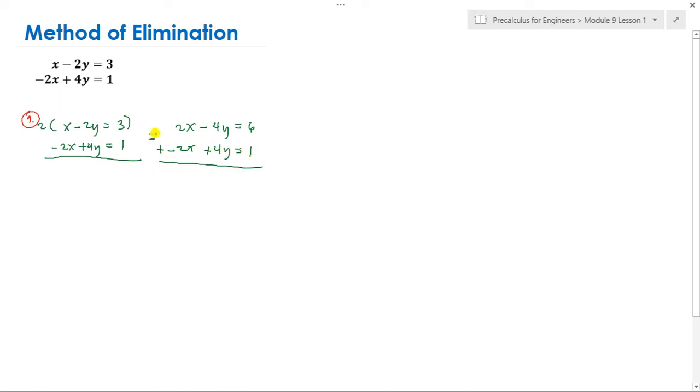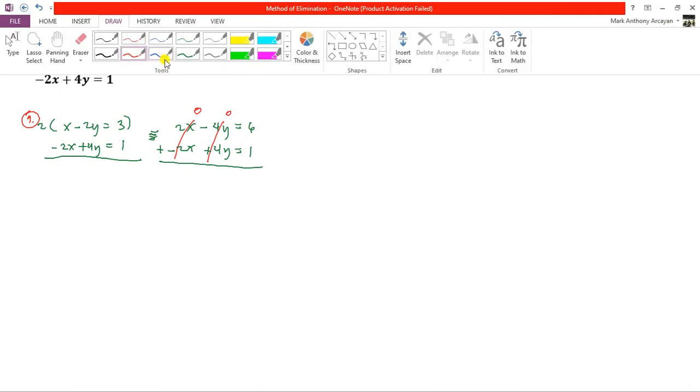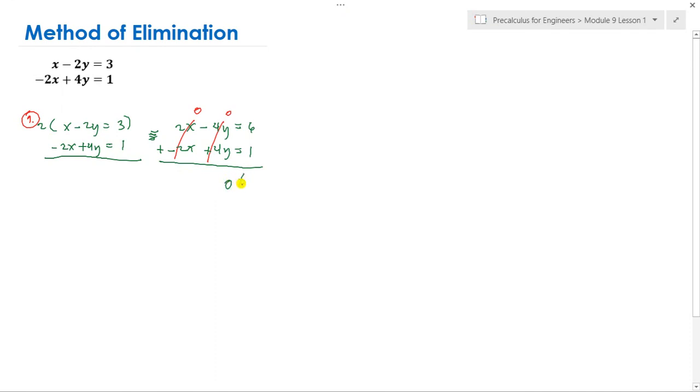So here, we can just directly add. The 2x terms become 0, the y terms too, and then 6 plus 1 is 7. So therefore we get 0 is not equal to 7. Since 0 is not equal to 7, this is not true.